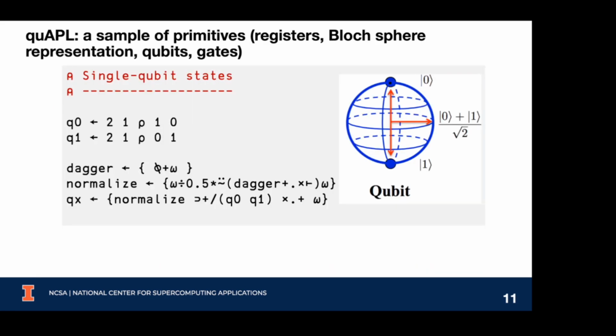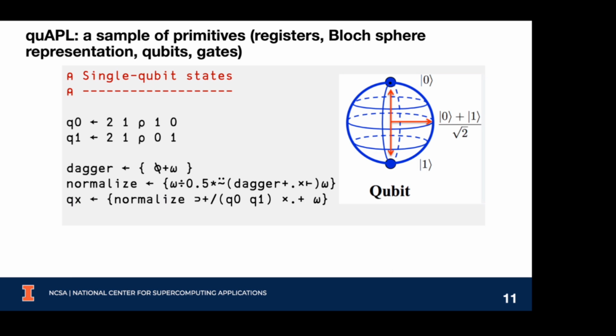This is a sample of some primitives implemented in QAPL. As you can see here, Q0 and Q1 represent the base states, which are represented as column vectors. The dagger is the function that returns the complex conjugate of the input.